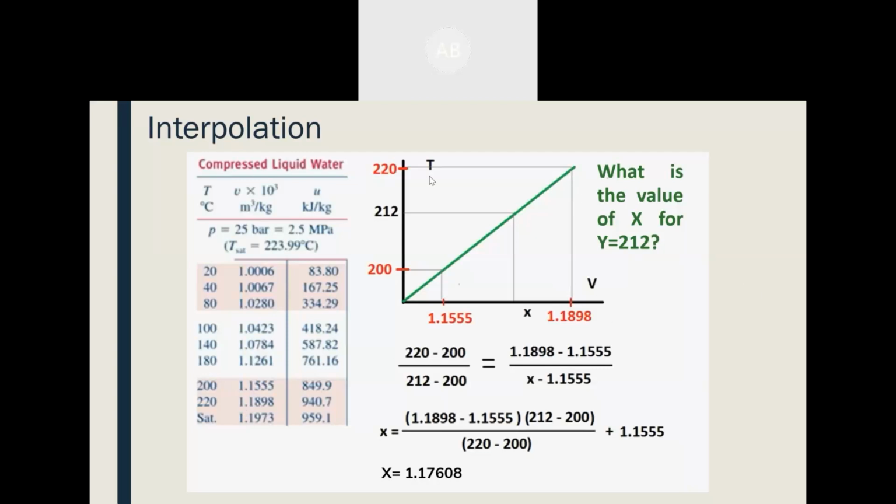Then the corresponding y values you have found are on the screen: 200, then 220. If you look at the lower section of the table, you have plotted values corresponding to these two numbers, 200, 1.1555, and 220, 1.1898.